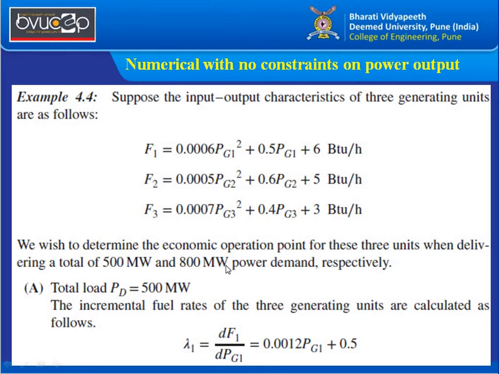Now let us see what happens in case of 500 megawatt. If you remember the previous two examples we studied, we are going to calculate the incremental fuel rates. Here we have to consider three values of fuel rates, lambda 1, lambda 2, lambda 3.